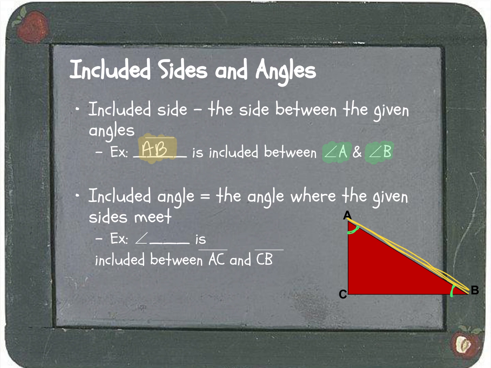So for example, angle C. Angle C is between side AC, and I'm going to do this one in green. Here's AC and CB, and now we're talking about the angle.